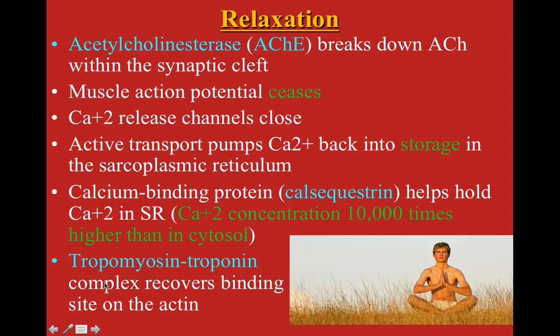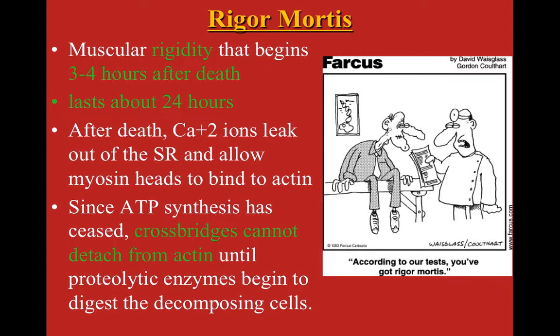All right. Then the tropomyosin and troponin complex recovers the binding site on the actin. Remember, that's where it started before the calcium caused it to conformationally change and open up the actin binding site. Okay, so the relaxation process, there's a lot of stuff happening here biochemically.